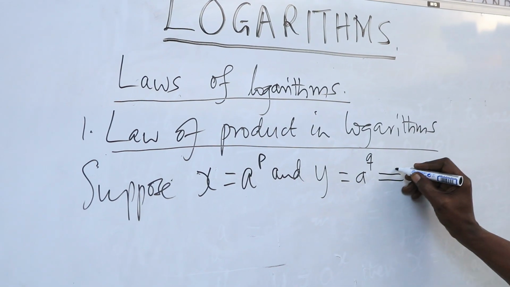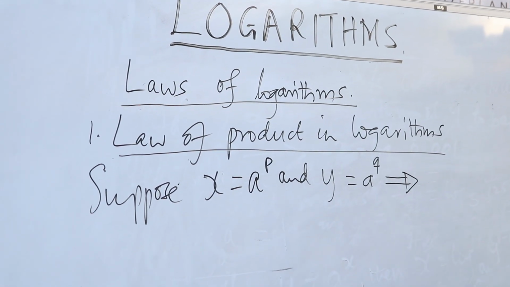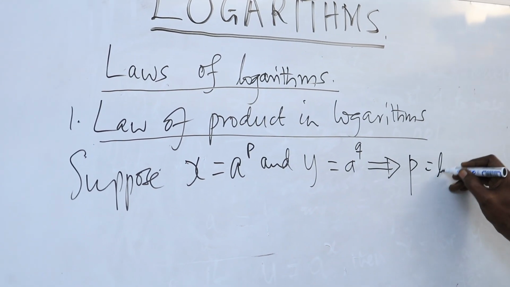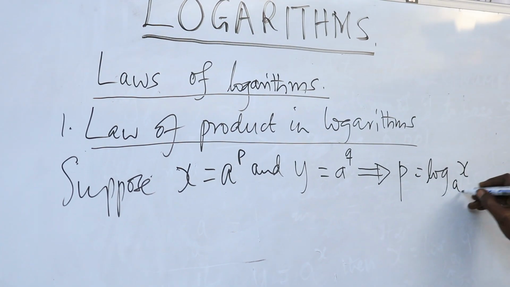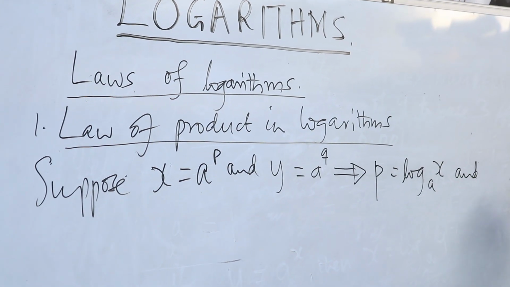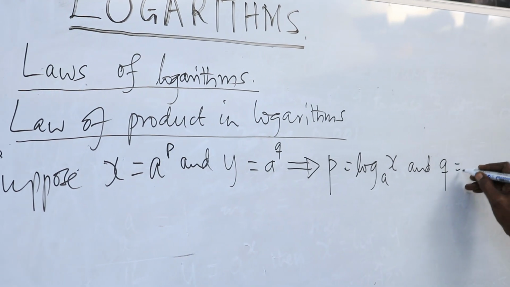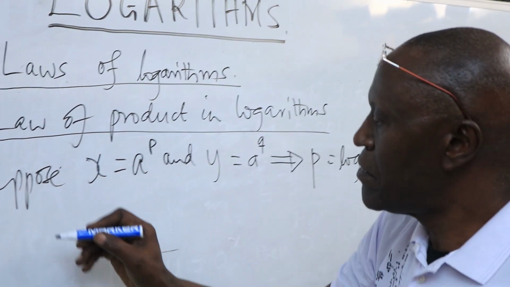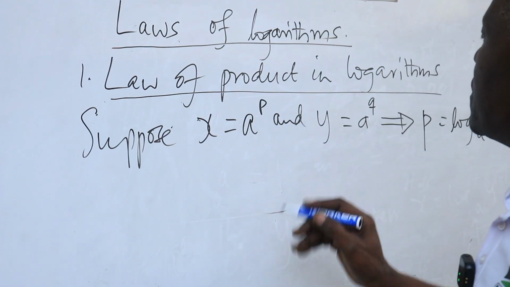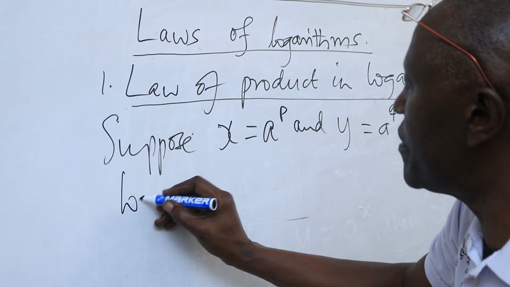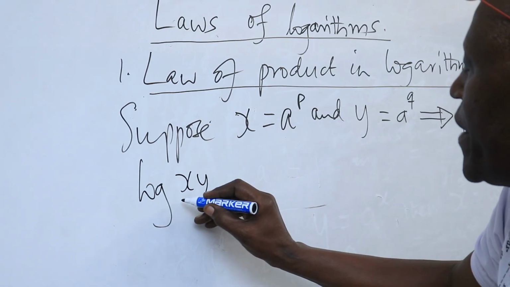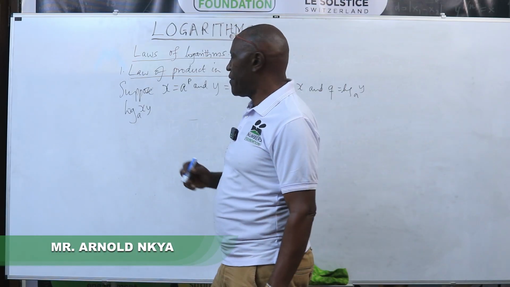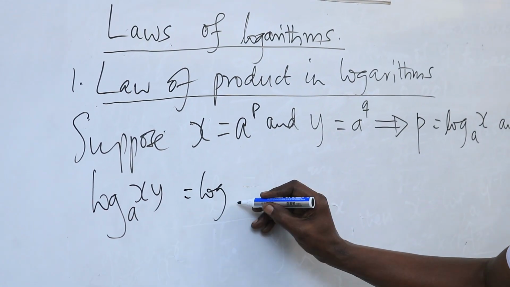This implies that these two equations can be expressed as p equals log x base a and q equals log y base a. Then, since we are talking of product, let us now find the logarithm of x times y to base a, meaning that we are looking for the logarithm of the product xy.